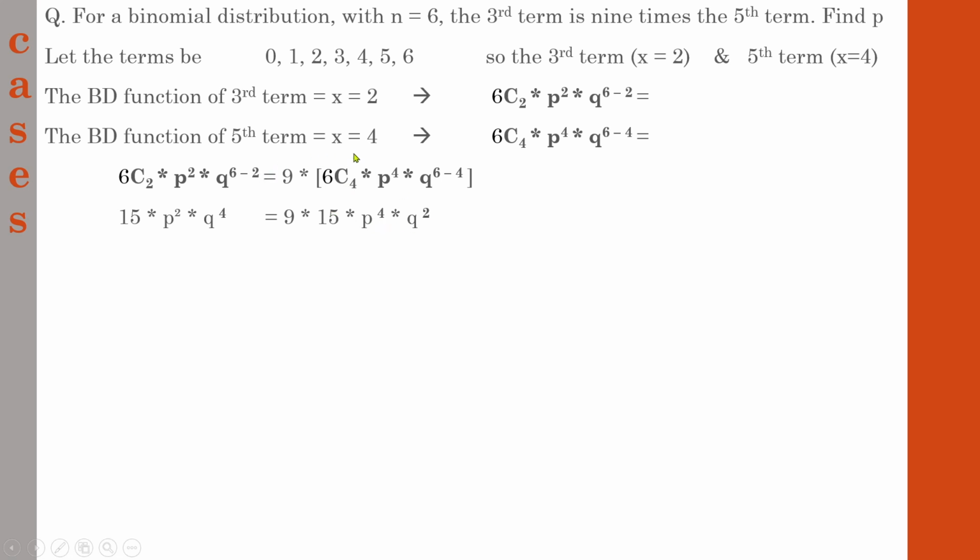Just like the left hand side, we have done the same on the right hand side also. Now, by solving both sides using the basic mathematical step of keeping the known value on one side and the unknown value on the other, you will get q squared, or q raised to 2, equal to 9p squared.